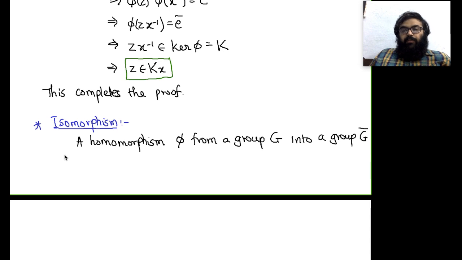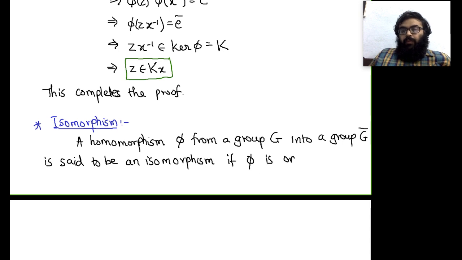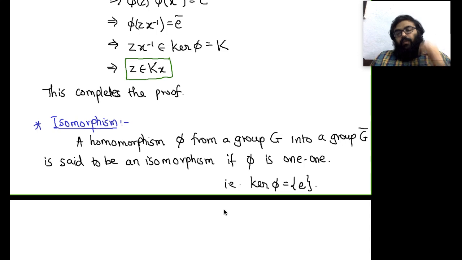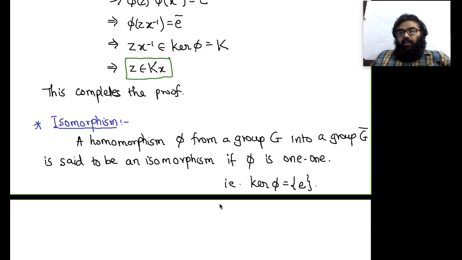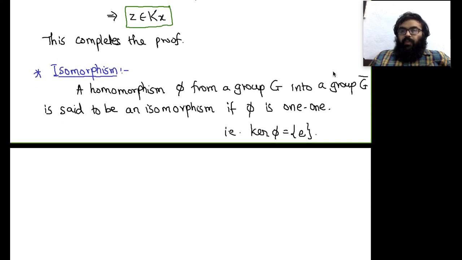So a homomorphism from a group G into a group G bar is said to be an isomorphism if phi is 1-1, that is, kernel of phi is singleton identity.